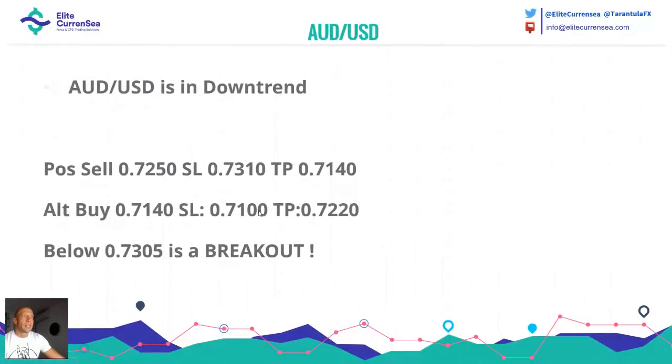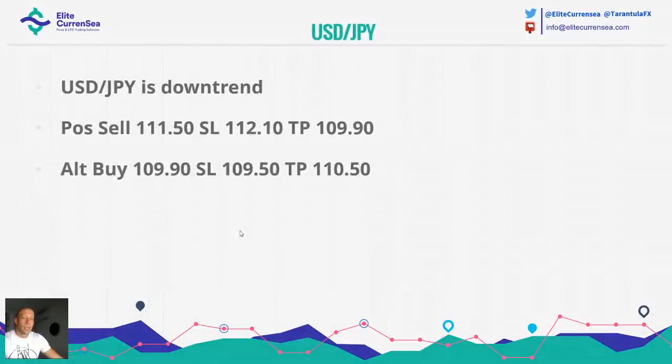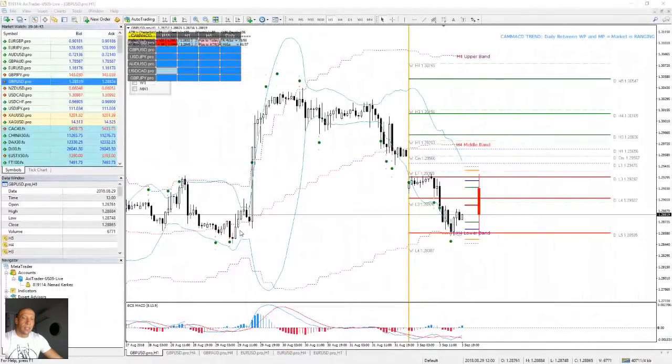Next one is the Australian dollar. Sell around 72.50, stop loss 73.10, TP 71.40. Wait, I need to correct it.